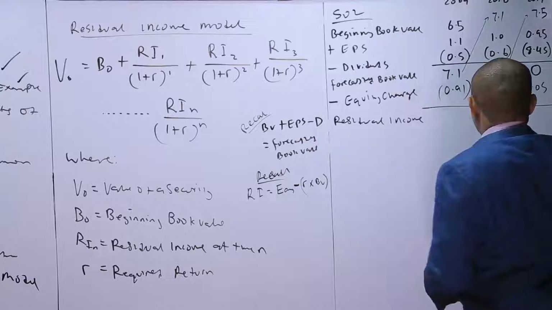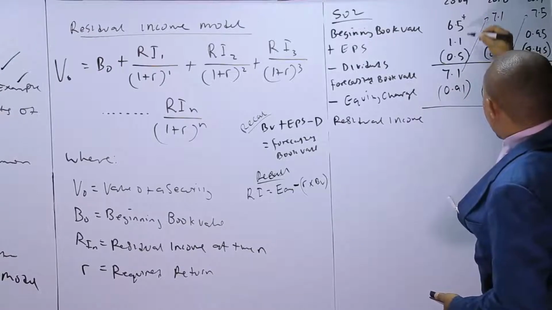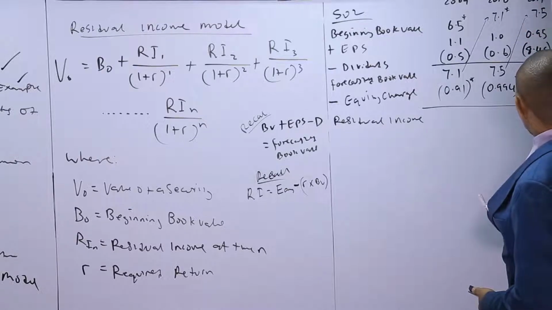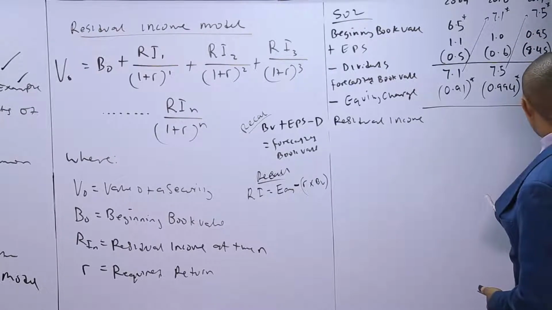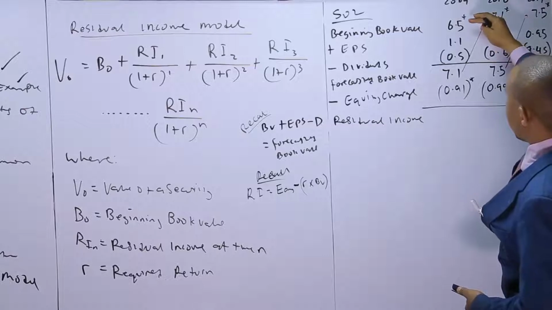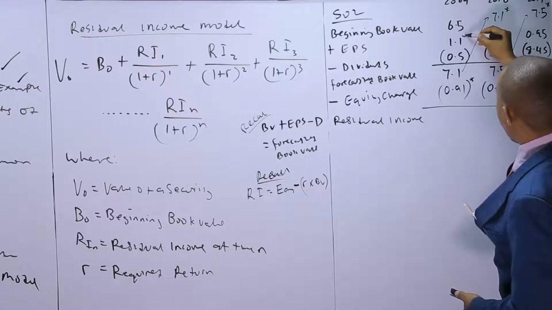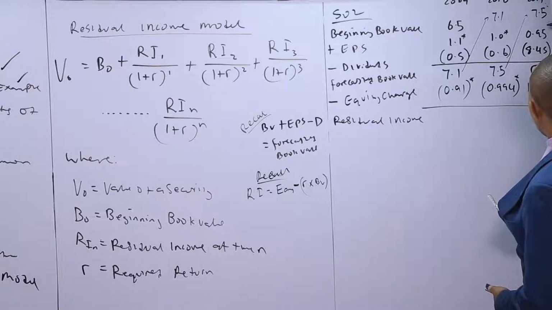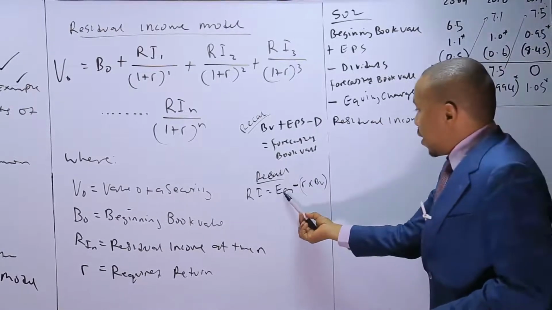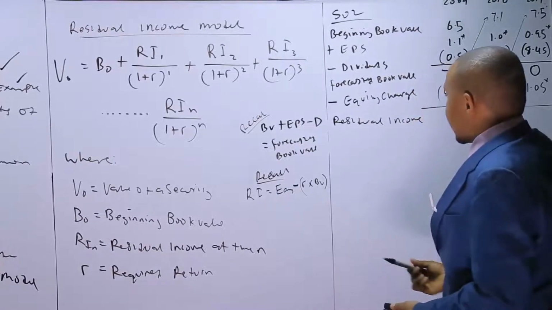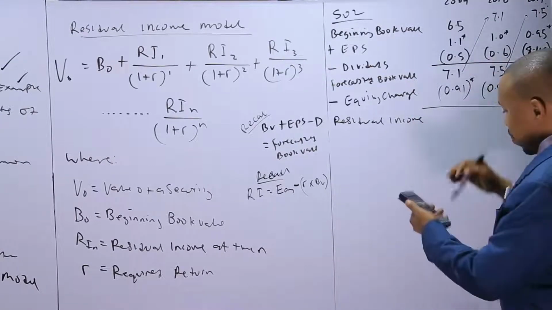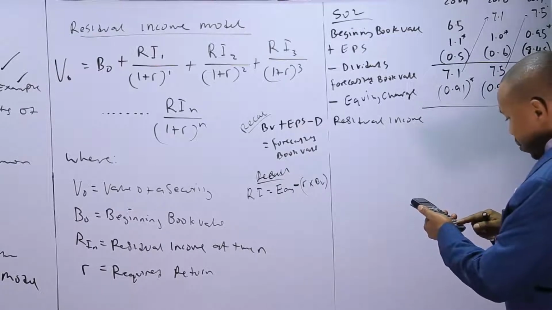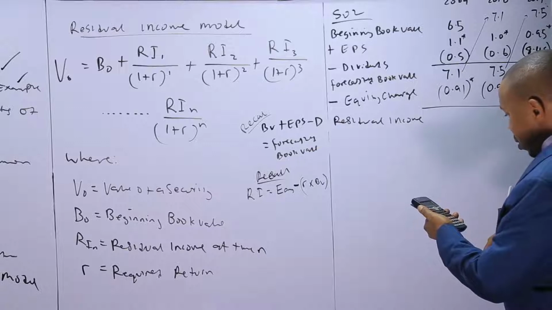Right here. So these ones with asterisks, if you wish, are the ones we are focusing on. So it's rather the earnings, not that one. It should be the earnings. Apologies for that. That is what we are focusing on, because we are saying the earnings less the equity charge gives us the residual income. So it's 1.1 in this case, 1.1 minus 0.91, 0.19.